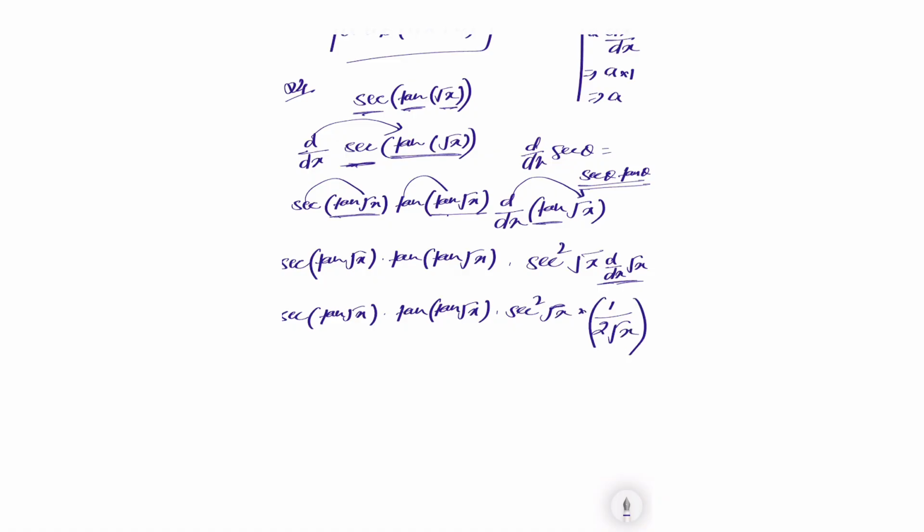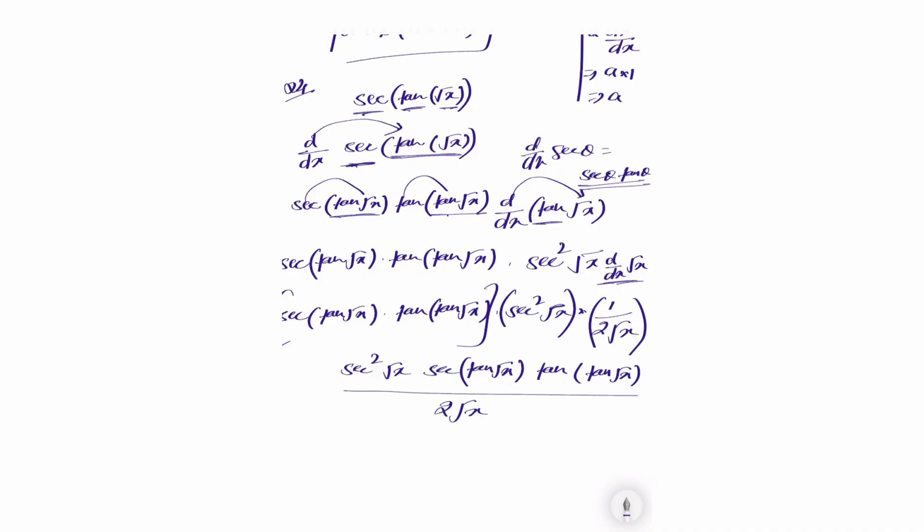So we have solved all the three different gates. Now you can write it in the simplest form: sec square root x, sec(tan root x) tan(root x) divided by 2 under root x. This is the final answer.